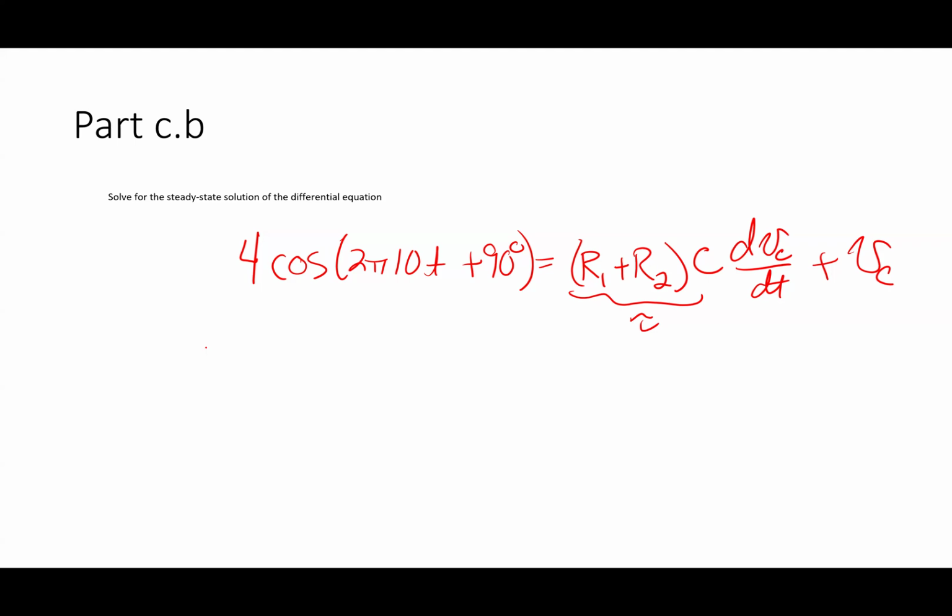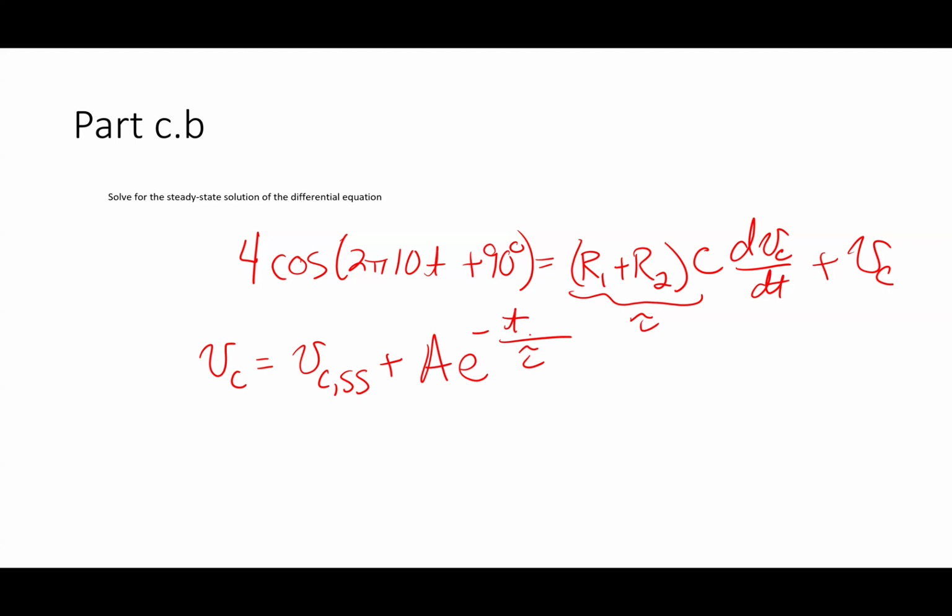That means V_C is equal to a steady state plus some transient, which in this case is e to the negative t over a different tau, the same sort of thing. The only thing I care about is the steady state solution. We don't have time, and I don't want to go through this in gory detail.